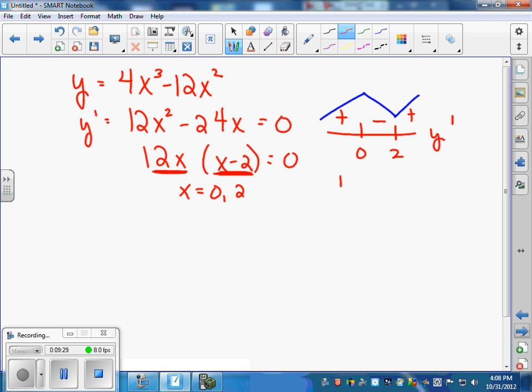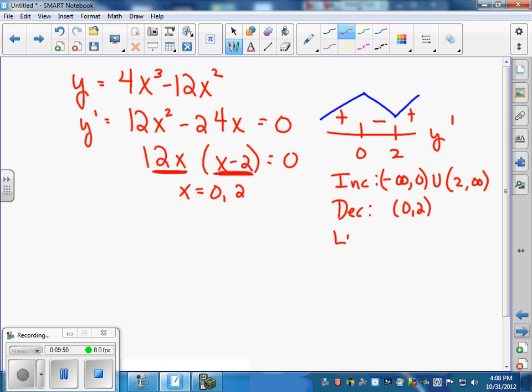All right, so now I can write down my intervals of increasing and decreasing. We're increasing from negative infinity to 0 and from 2 to infinity. And then we're decreasing from 0 to 2. Now we do have some local maxes and mins.